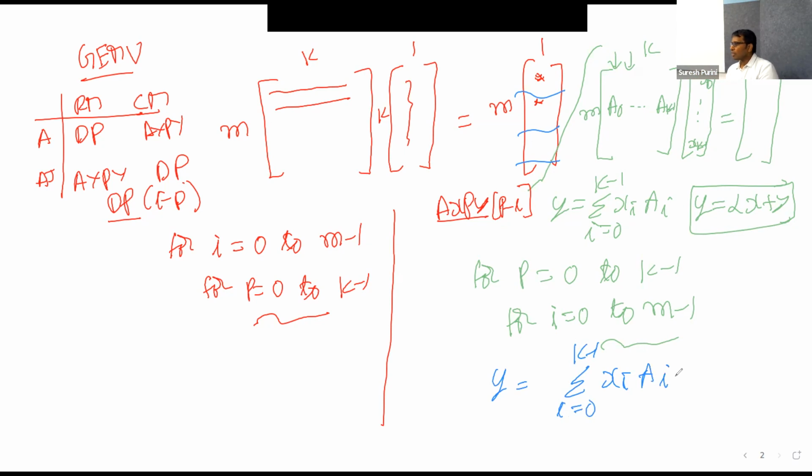But there is one small catch here. What is the catch? What happens is, if all different threads are trying to modify, let's say, y of 10, where y is a vector, this product vector is obtained by a linear combination of different column vectors.